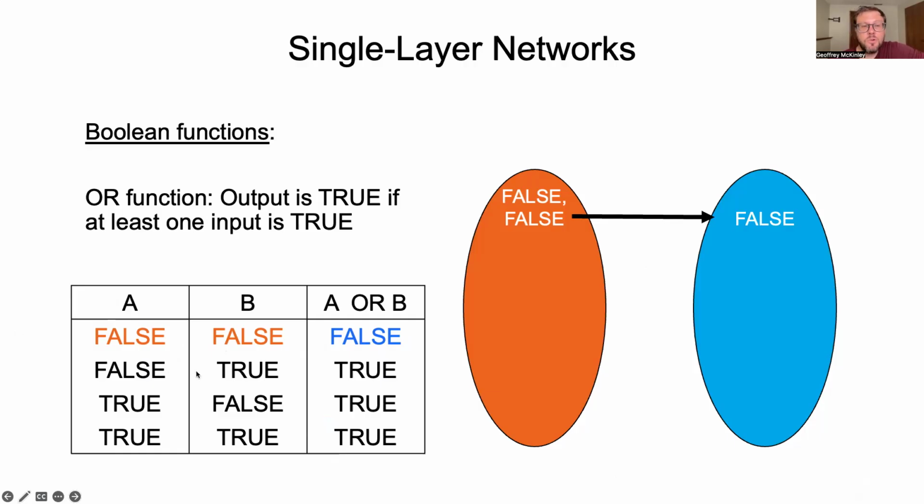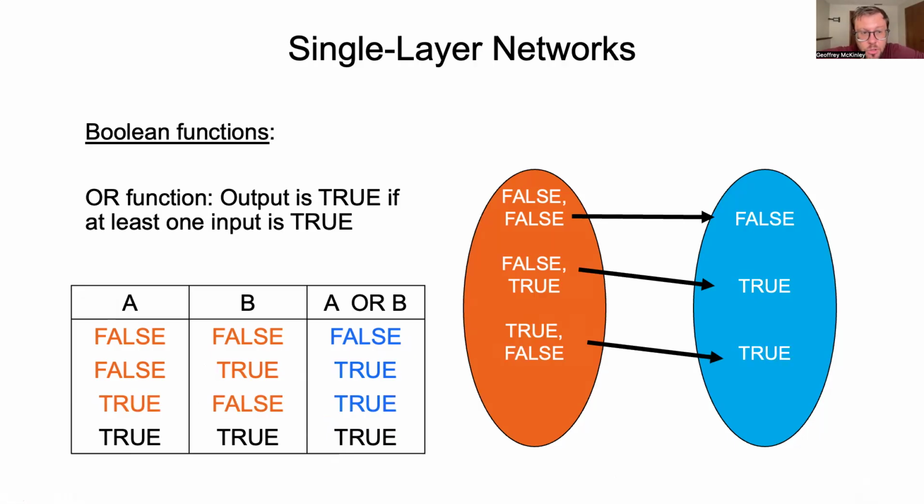If event B is true and event A is false, then the output is true because A or B needs to be true, which that satisfies. If A is true and B is false, it's also true because A or B. And finally, if both are true, then the function is also true. You can think of this as, if my boyfriend gives me chocolates or flowers, then I'll kiss him. But if he gives both, that works too.